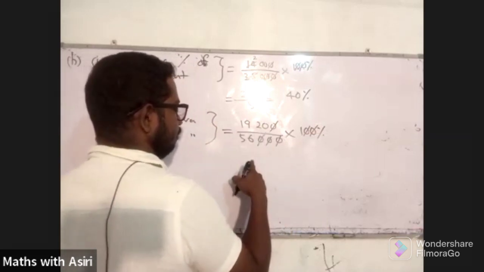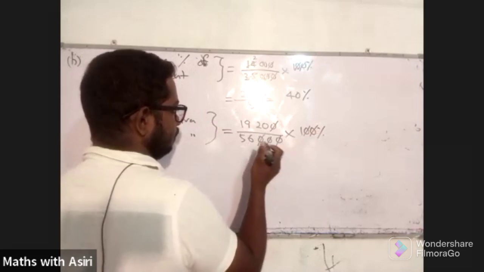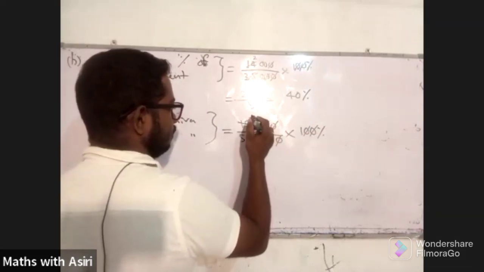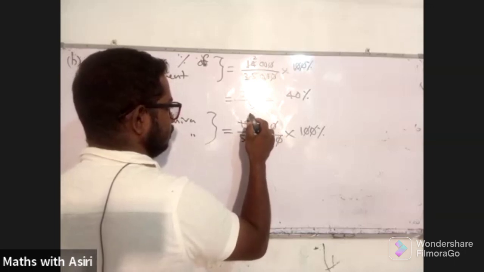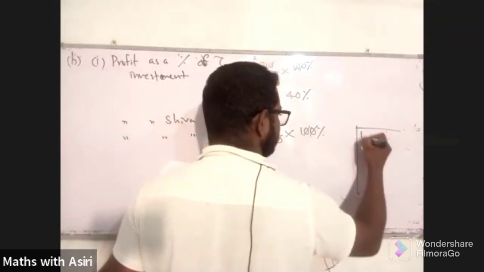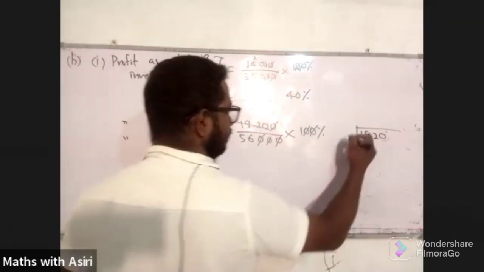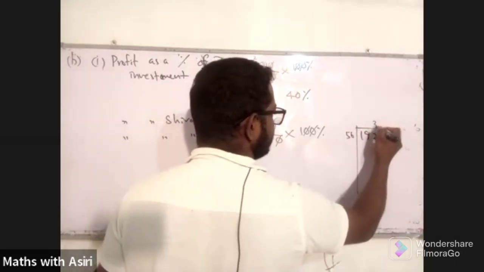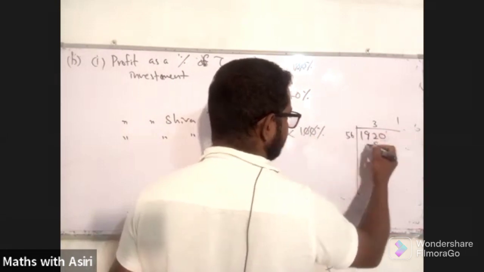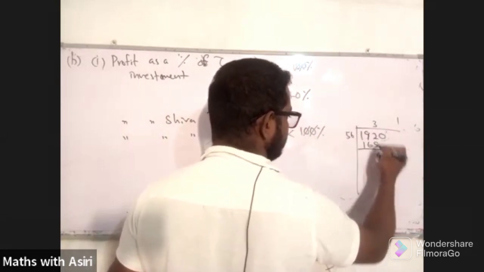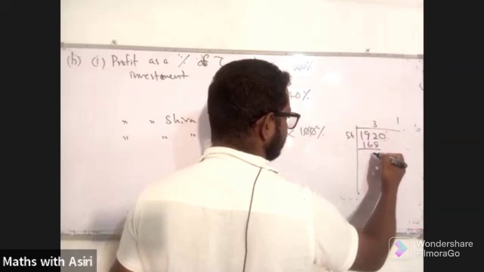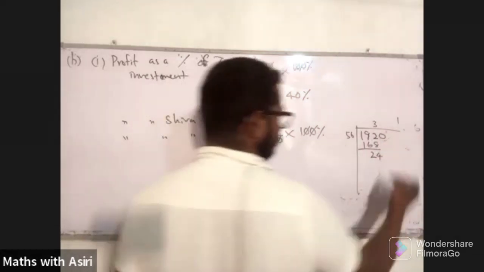1,920 is to be divided by 56. Let's divide by 56. 1,920 divided by 56. 3 times 6 is 18. 3 times 5 is 15, 16. 168. Then 8 minus 6 is 2. 240.